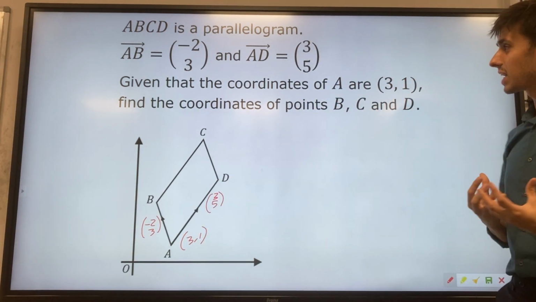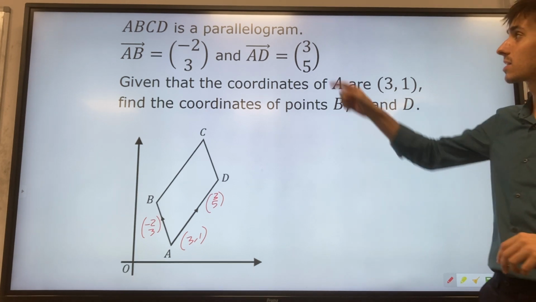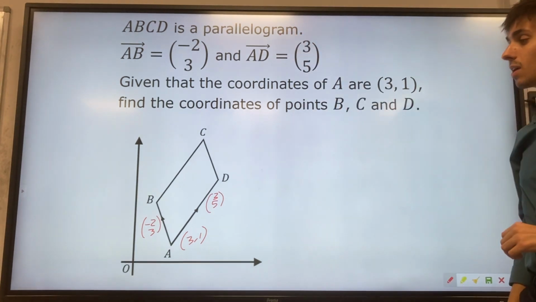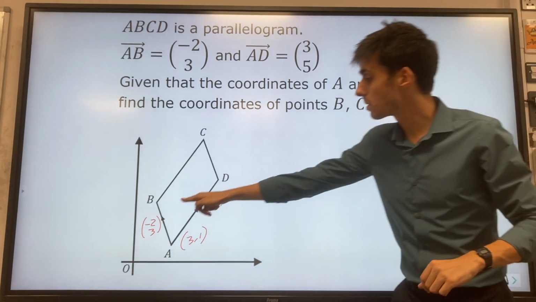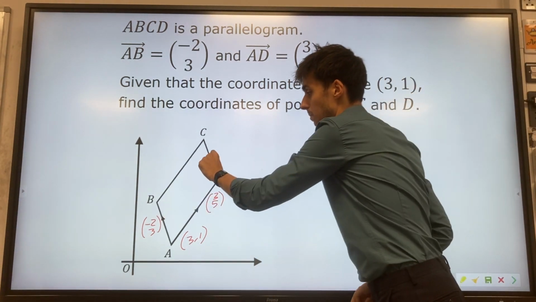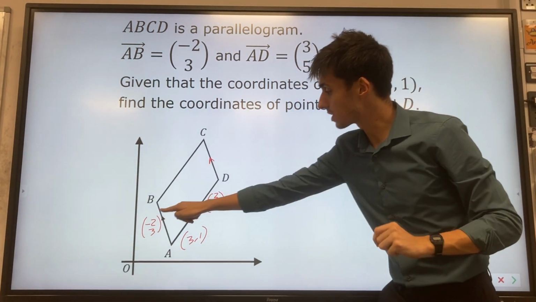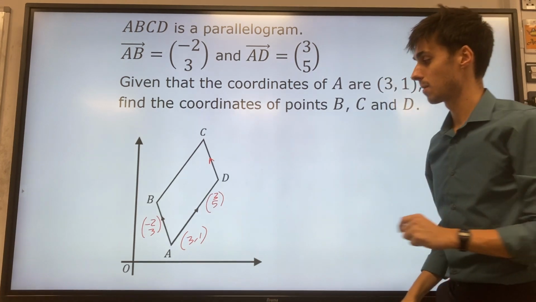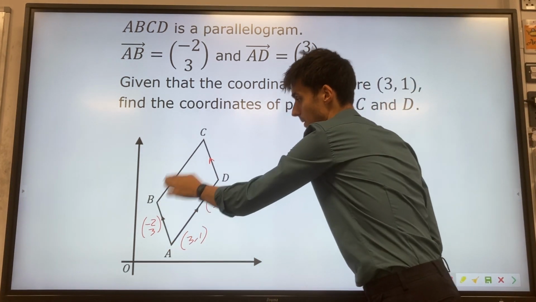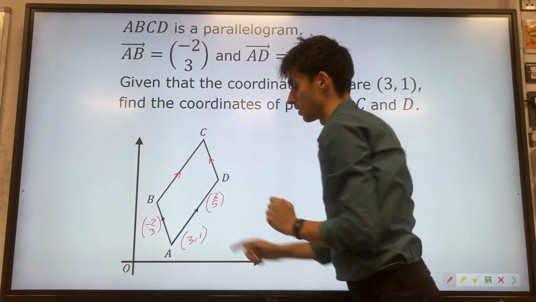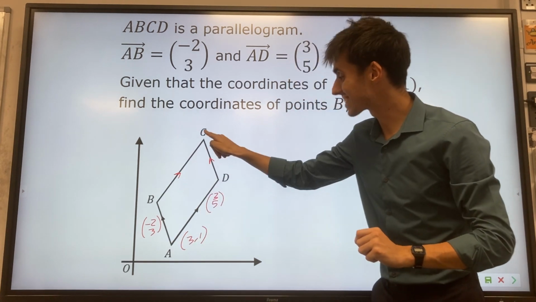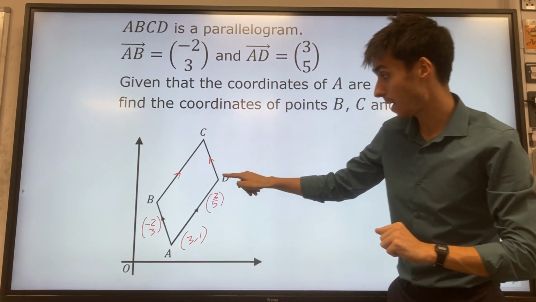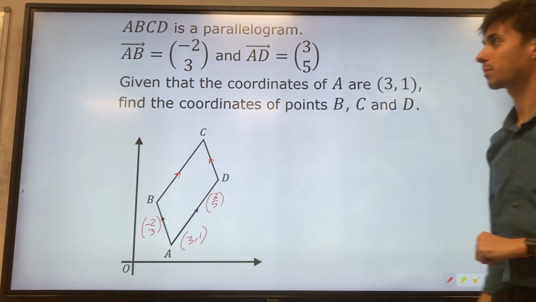Okay, next we should think about the properties of a parallelogram. That means the opposite sides must be parallel. So this side is parallel with this side, and this side here is parallel with this side. So AD is parallel with BC, and AB is parallel with DC.